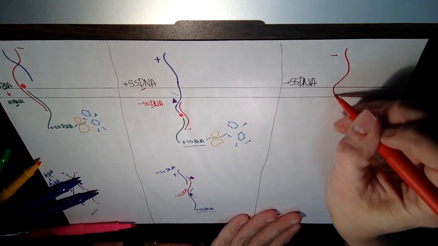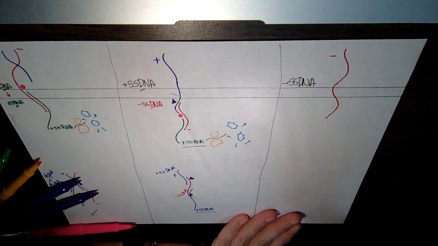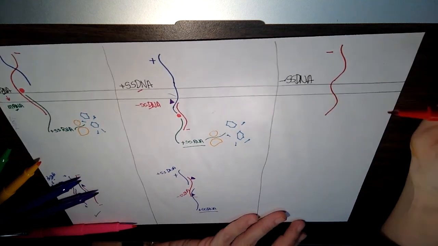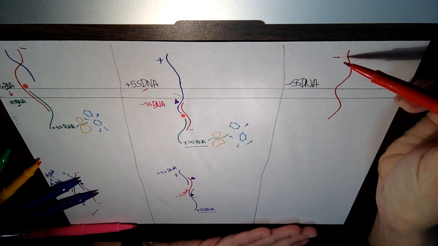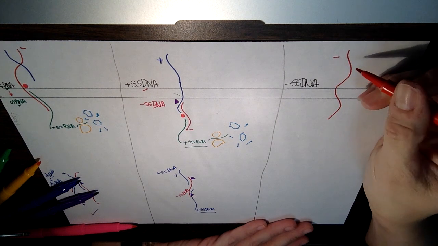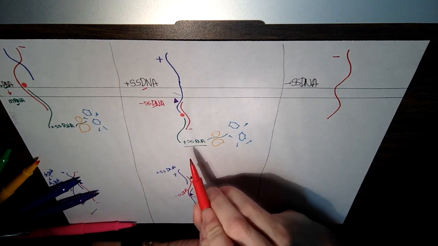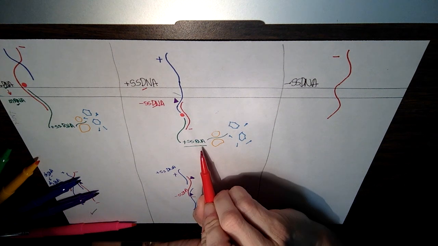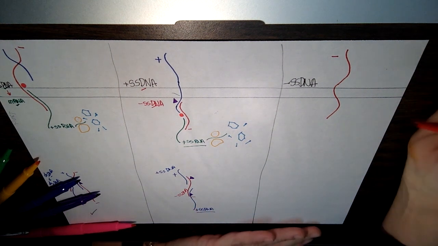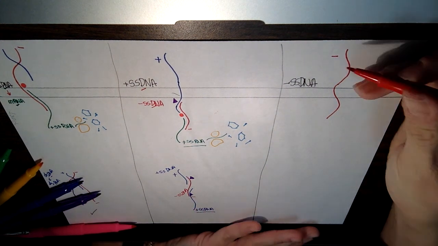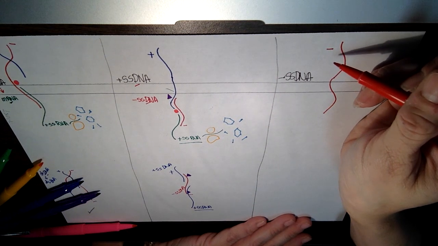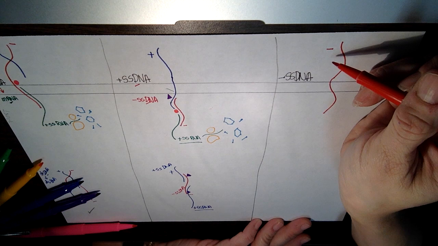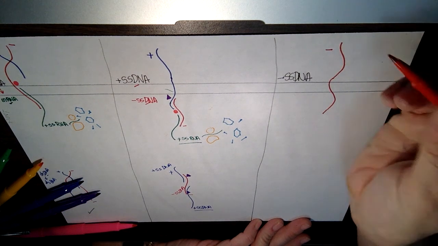It's going to go across and into the host. Can the ribosome read negative single-stranded RNA or DNA? No, it cannot. We need this single-stranded positive RNA. But in this case, we have the negative strand. We're going from a negative strand to a positive strand. So that's in our favor.